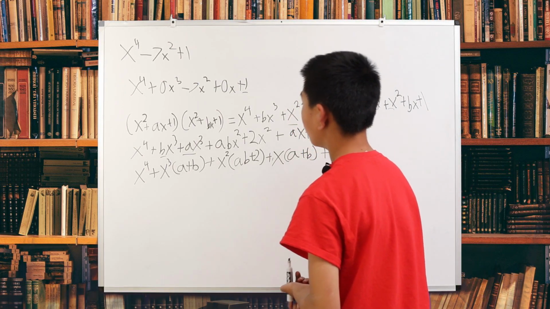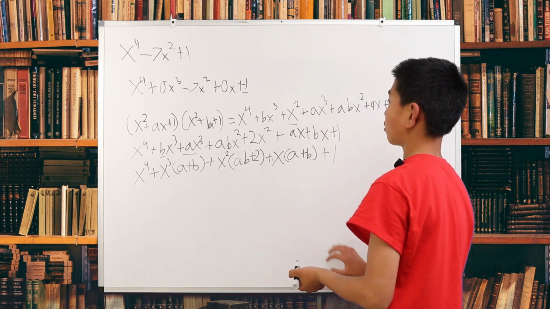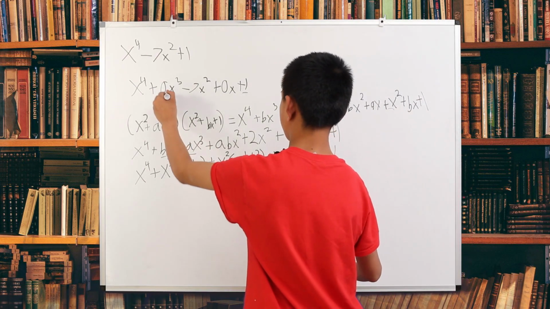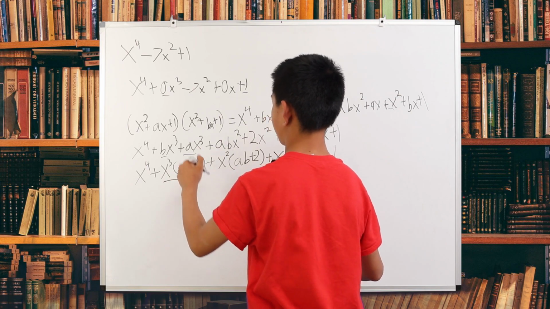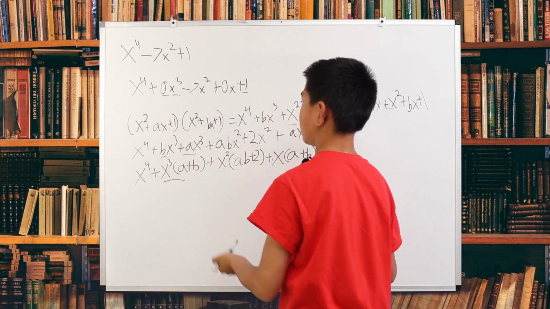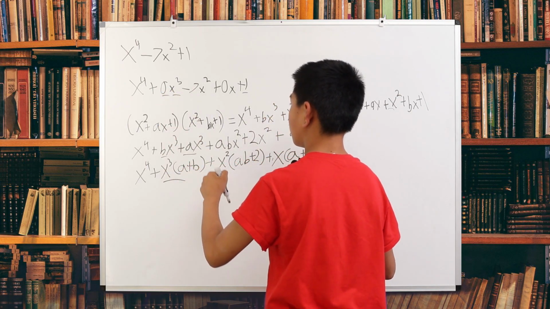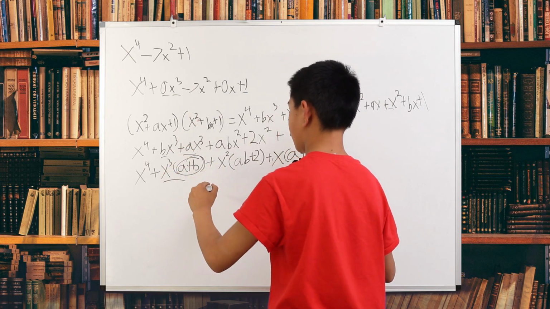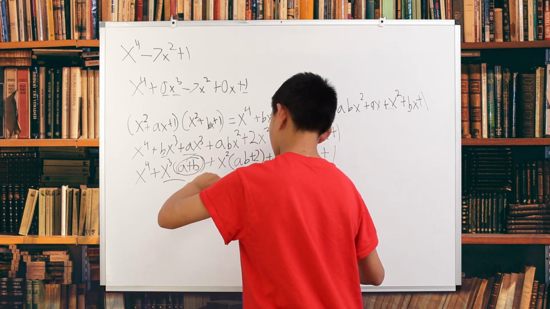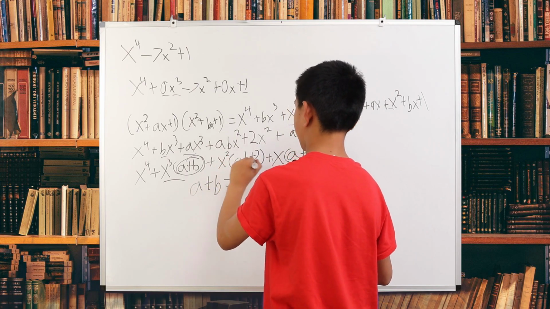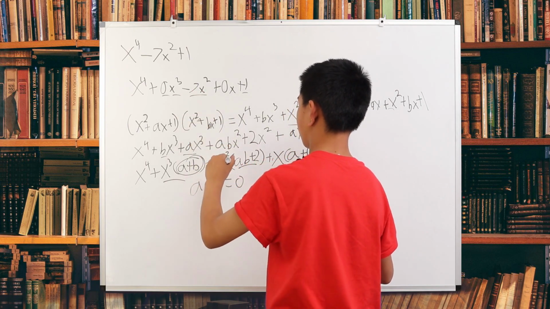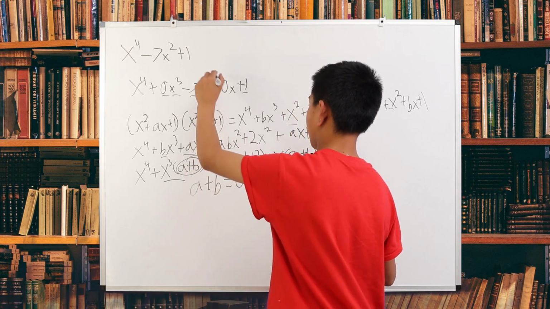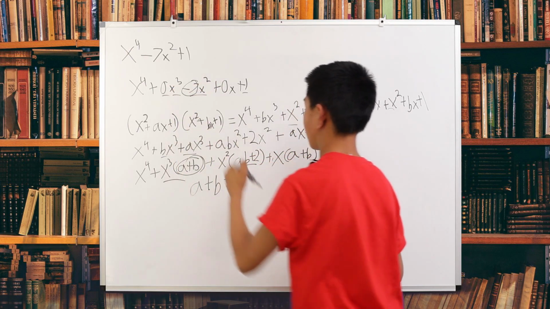So now we see a pattern here. This correlates to the top, x to the third, x to the third. Since they're being multiplied, we know that a plus b is equal to 0. And right here, there's an x squared here, and an x squared here, and a negative 7 here.